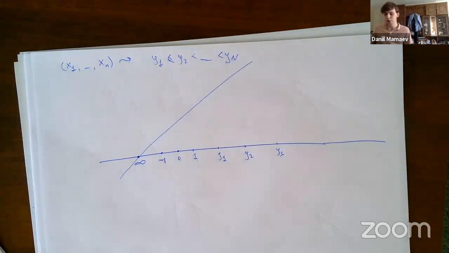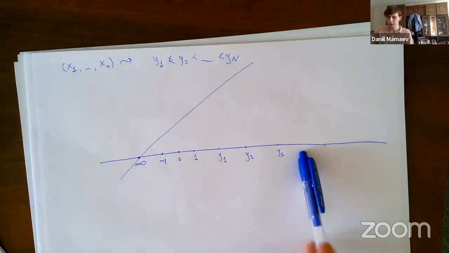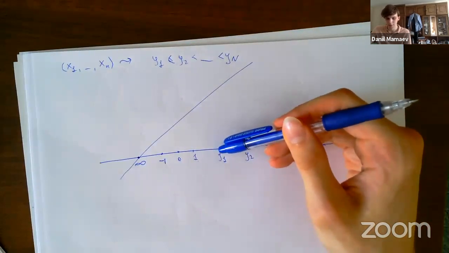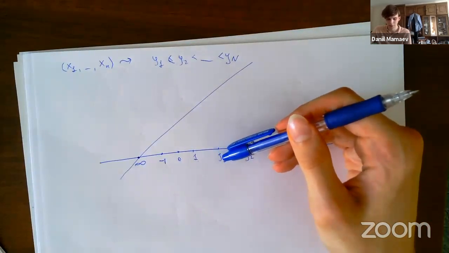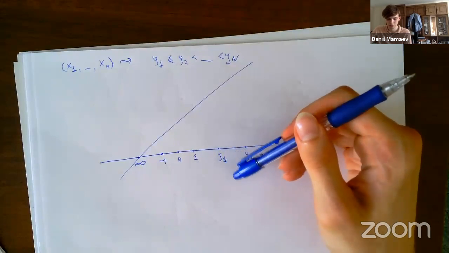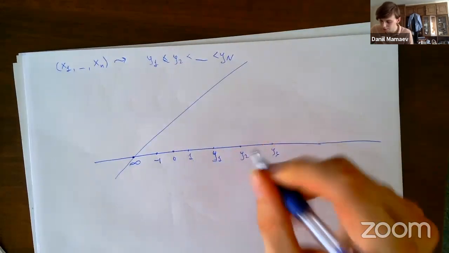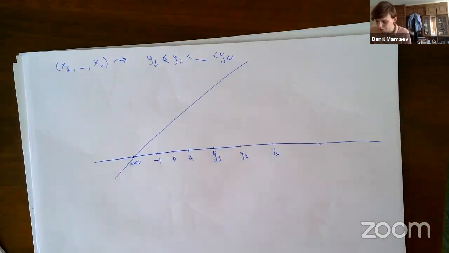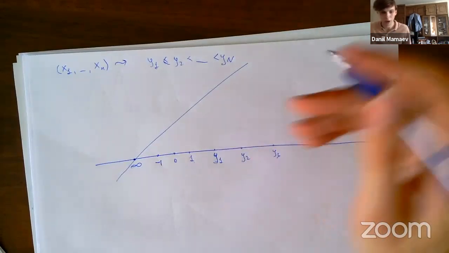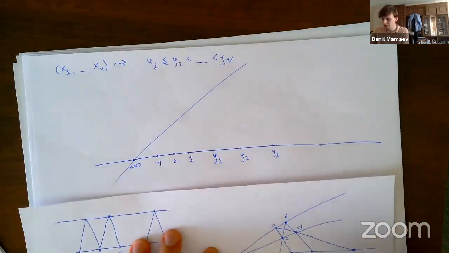And now what do we do? We have some relation concerning these points. For each such relation, we have this picture.